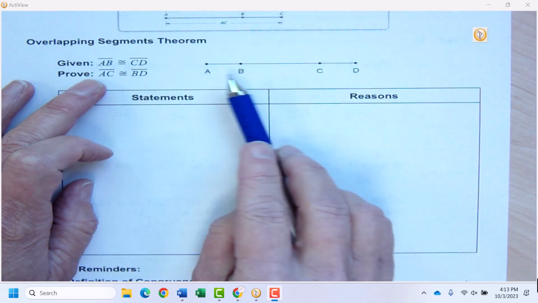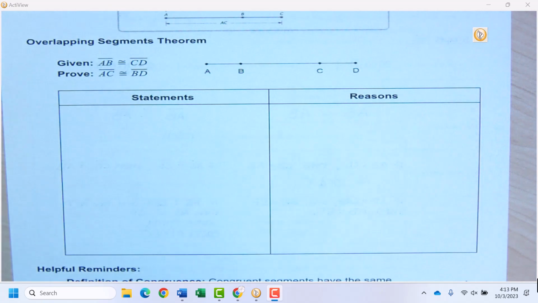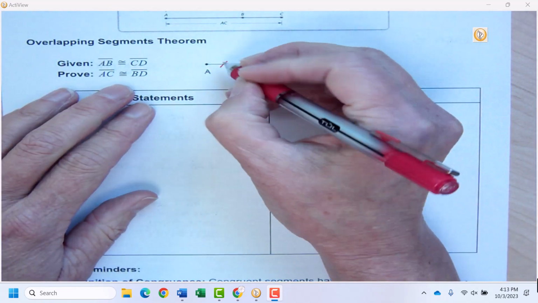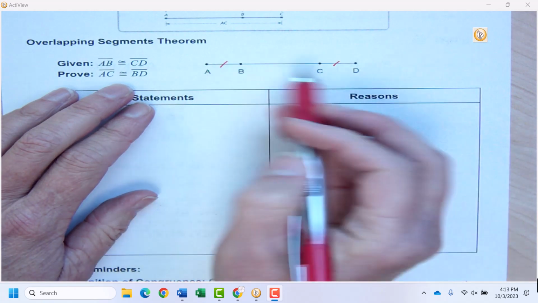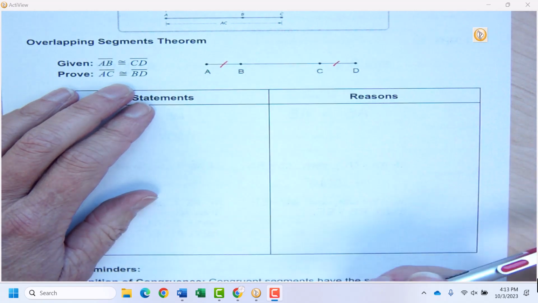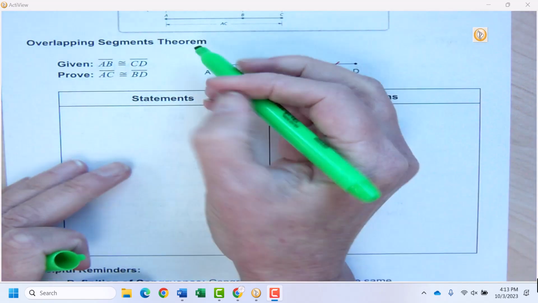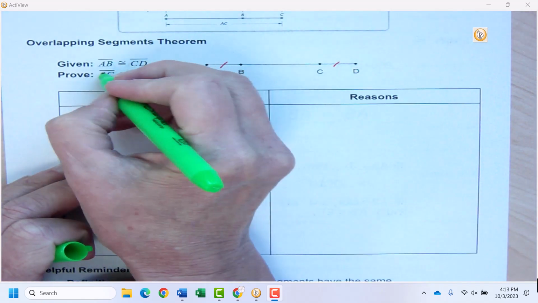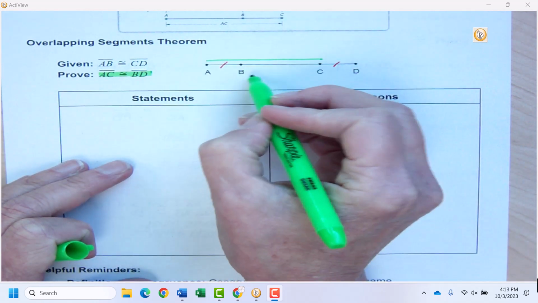What we're given is that segment AB is congruent to segment CD. I'm just going to mark those with slash marks to indicate that those two little segments are congruent. And what we're asked to prove is that segment AC is congruent to segment BD.